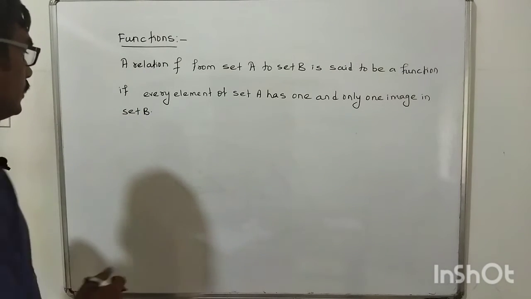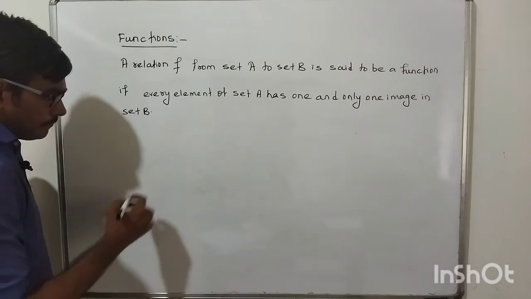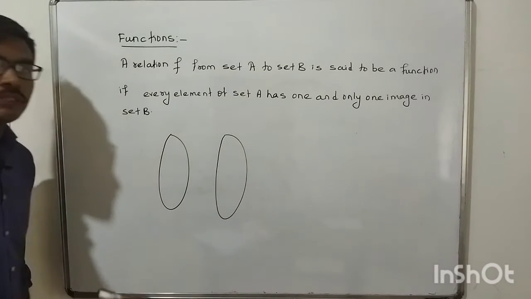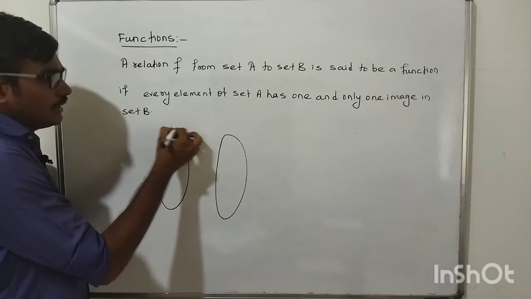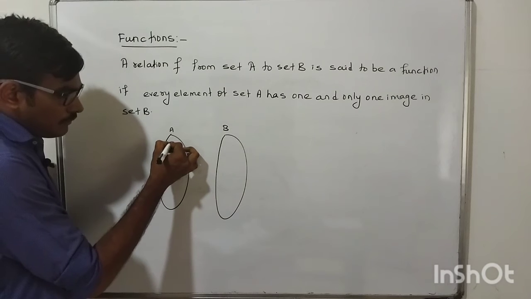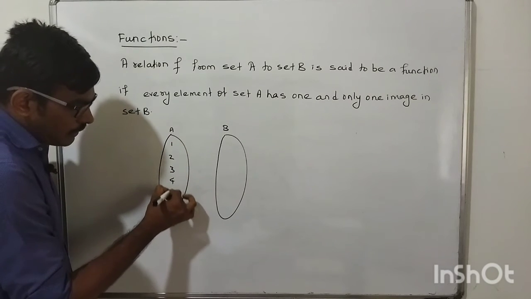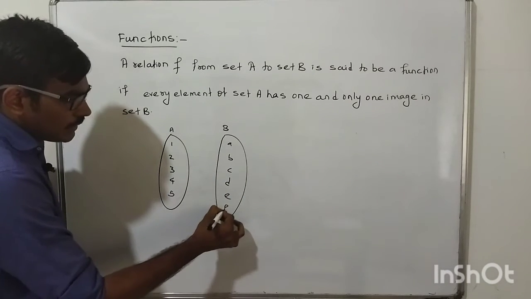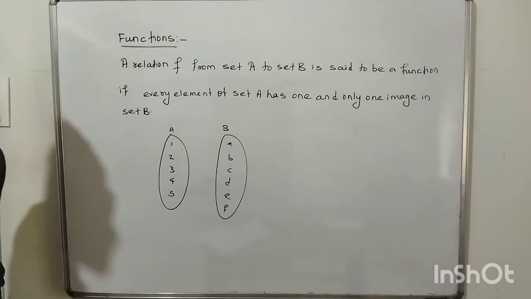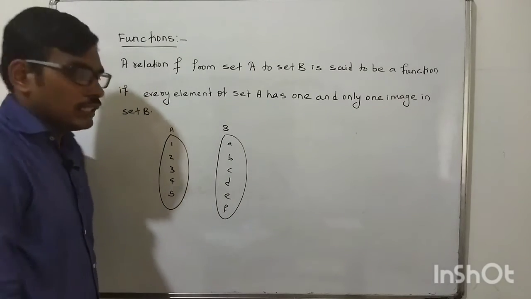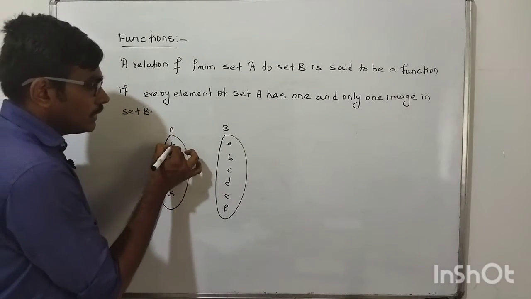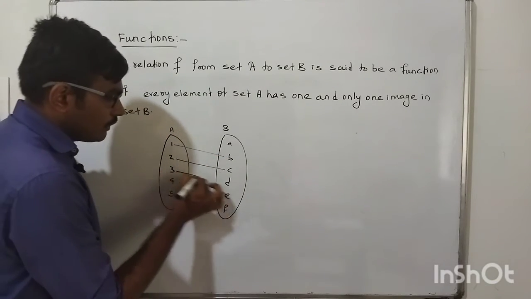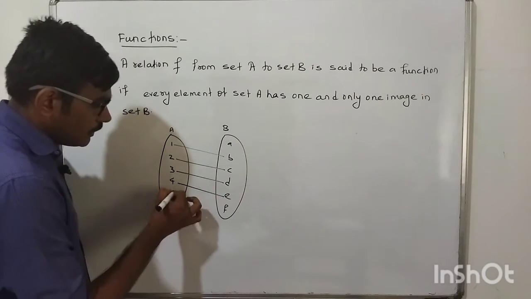Now, for example, let's take a simple example here and then we'll take more examples in detail. So if you have set A and set B, in the roster diagram I am writing, 1 2 3 4 5 and A, B, C, D, E. Every element of the first set should have one and only one image in the second set. So 1 should have only one image, so I'll mark this. 2 should have only one image, I'll mark this. 3 should have only one image. 4 should have only one image. 5 should have only one image.